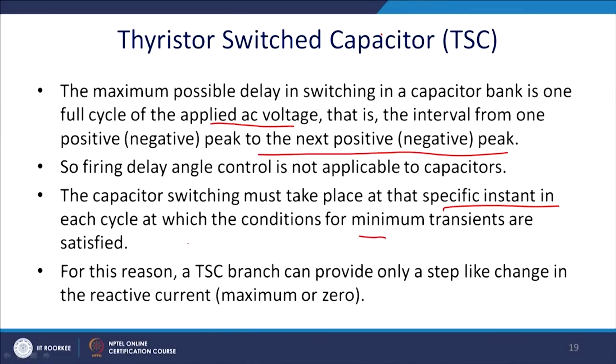This generally happens twice in each cycle, so it will be alpha or 180 degrees minus alpha. So, we have to see where we can conduct. In each cycle the condition of minimum transient is satisfied, and for this reason the TSC branch can provide only step changes in the reactive current, from maximum to 0.